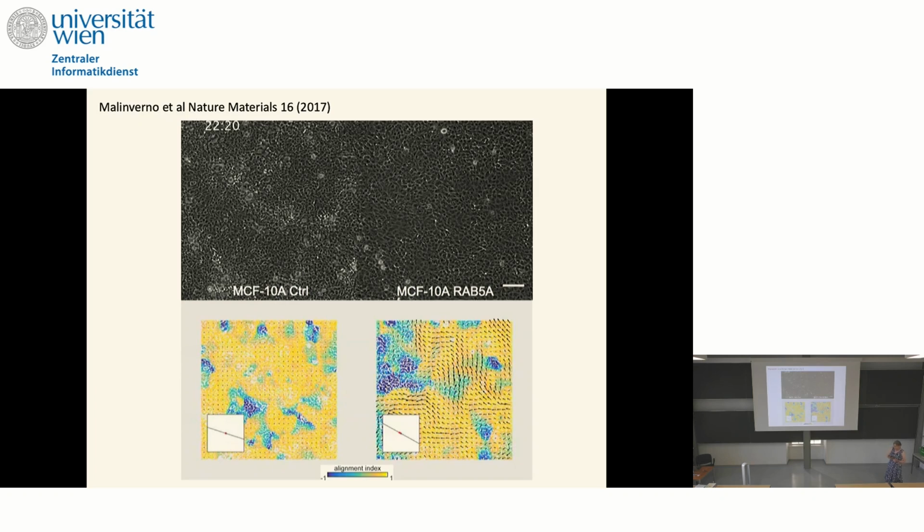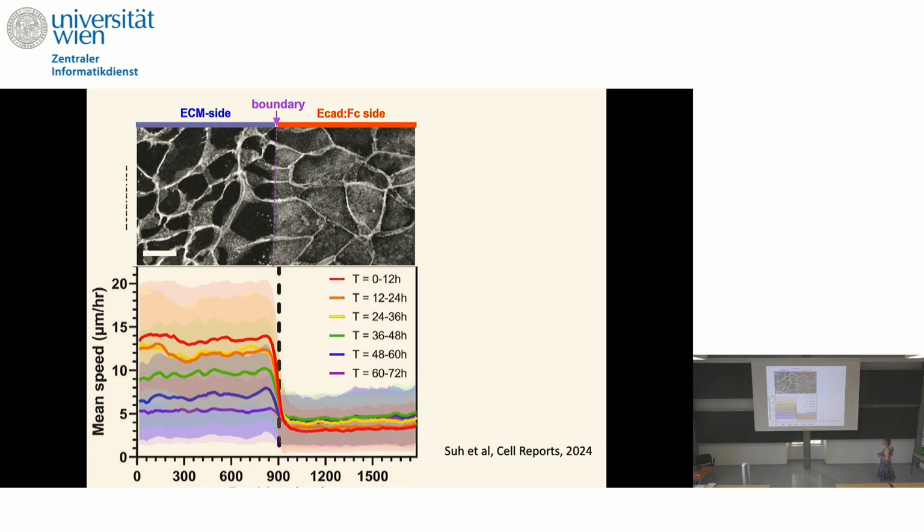And another paper which I like, which is a much more recent paper from Daniel Cohen's group in Princeton, is that they took this MDCK layer. It's plated on a substrate where half the substrate is covered with extracellular matrix, and the other half is covered by E-cadherin.